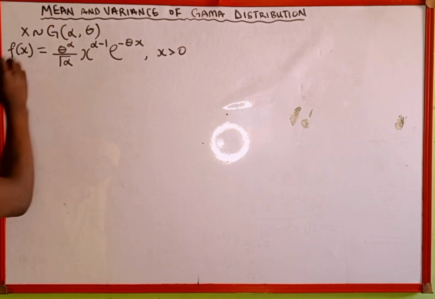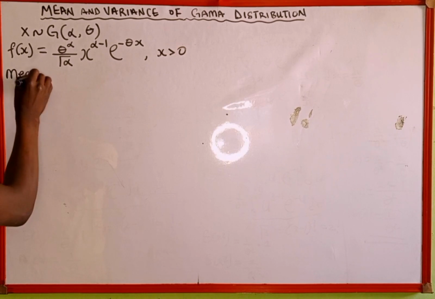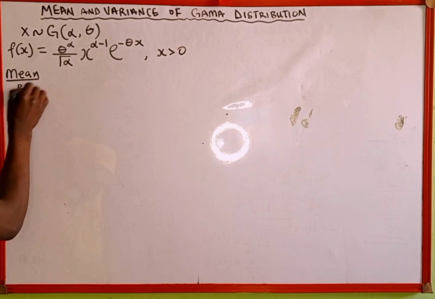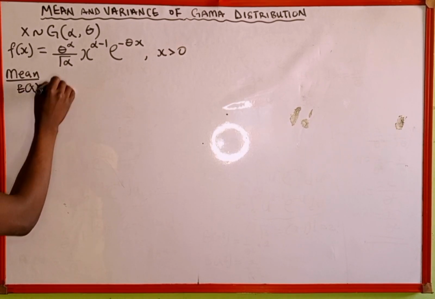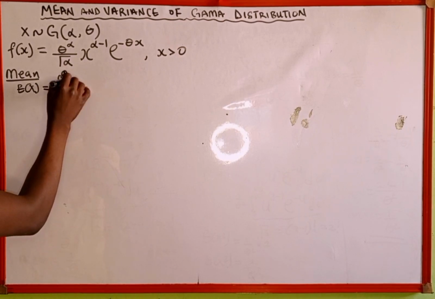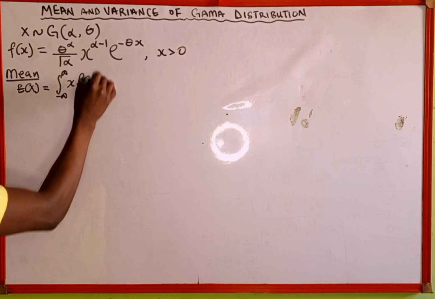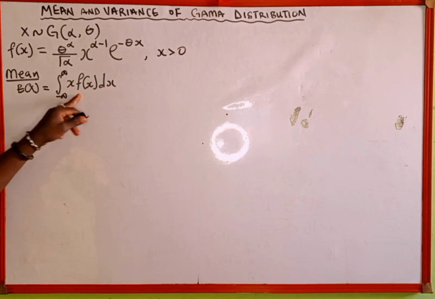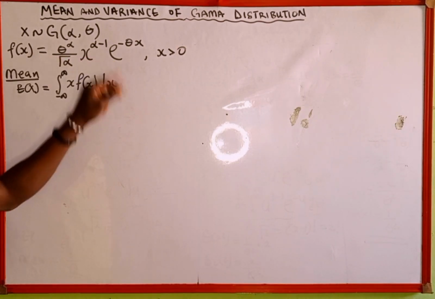To look for the mean, first of all, the mean is the same as the expected value of x, which is the integral from negative infinity to positive infinity of x multiplied by f of x dx, and this f of x is the function of the gamma distribution.